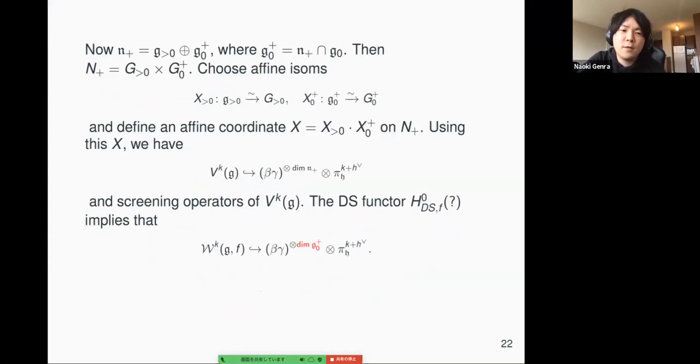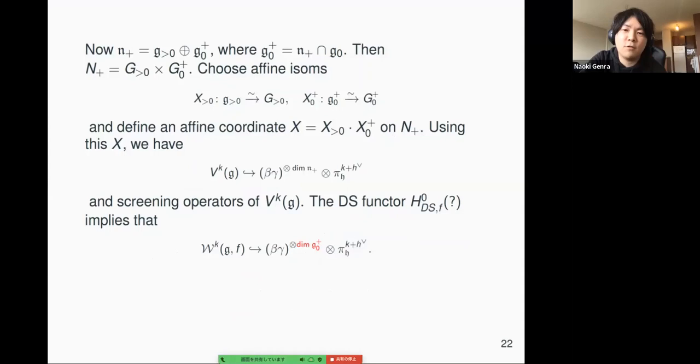So now we prepare some notation. Now the upper nilpotent subalgebra n plus becomes g positive plus g0 plus, where g0 plus is just the intersection of n plus and g0. It means that n plus contains all of the g positive part and some part of g0. Then the large N plus can be decomposed into the g positive part and g0 plus. Now, g positive and g0 plus are both Lie algebras whose Lie groups are unipotent.